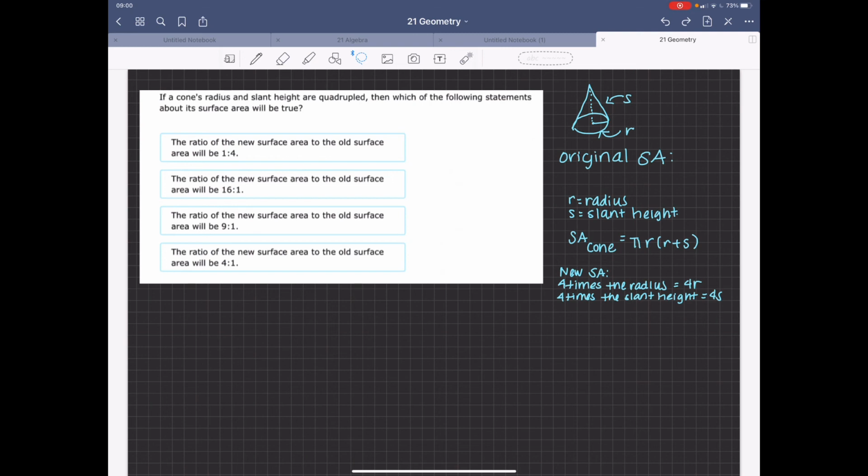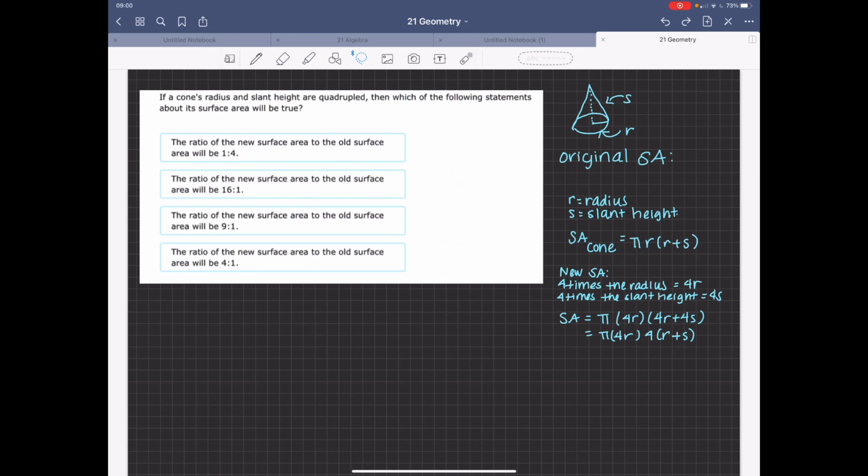So I have pi times 4R, open parentheses, 4R plus 4S. I'm going to rearrange some of the coefficients. I'm going to take the 4 out of the R plus S because this is going to help me simplify.